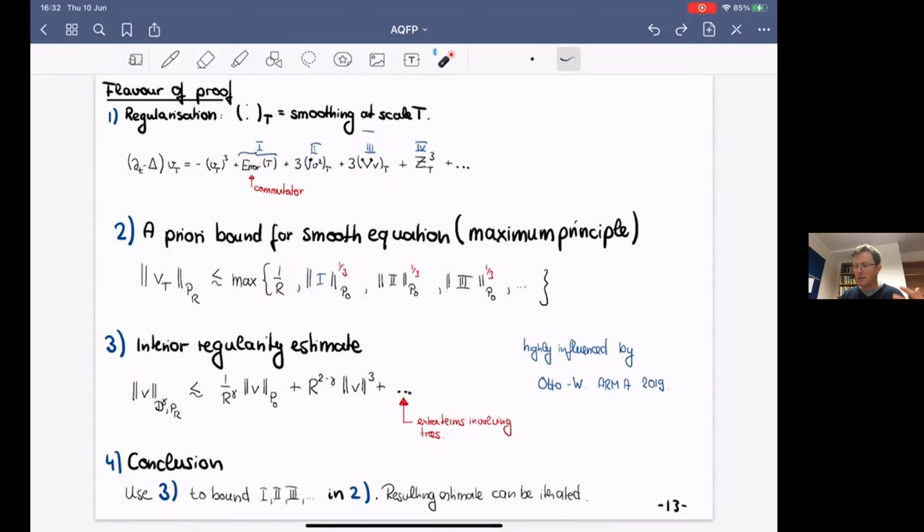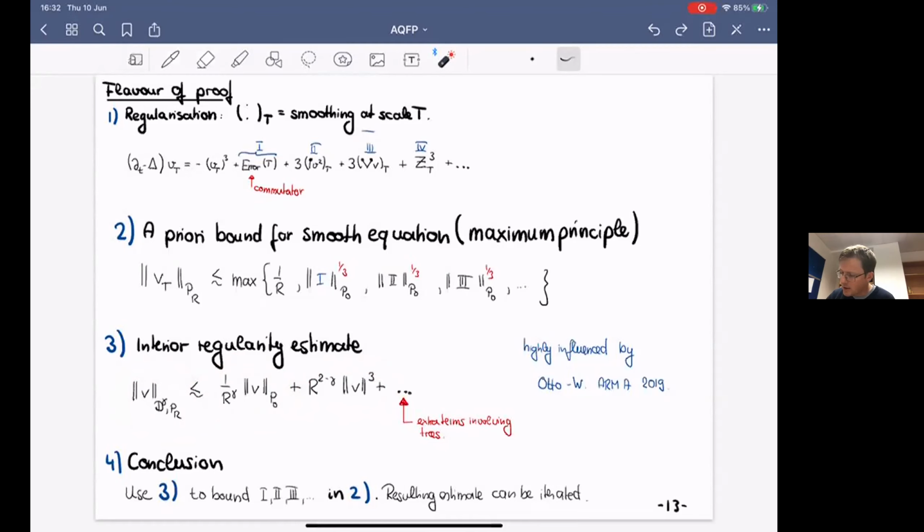It's typical for a solution of a parabolic problem that you can control higher regularity norms on some set by lower regularity norms on a bigger set plus the right-hand side. And that's the way we rewrote this analysis that Martin had done.